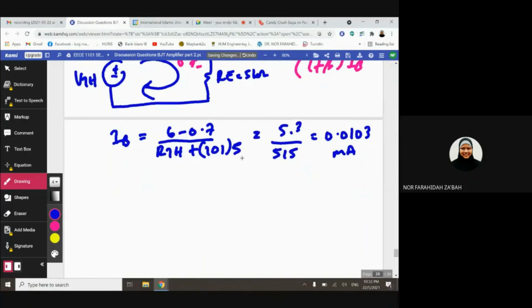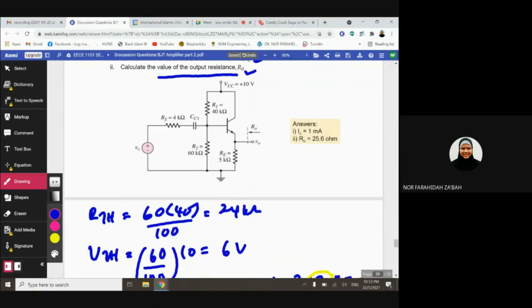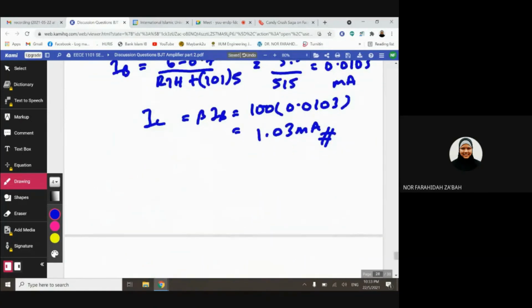So IC equivalent to beta IB, so 100 times 0.0103 is 1.03 milliampere. Betul tak? 1 milliampere. Okay lah, almost, kan? So that's the answer for the first part.